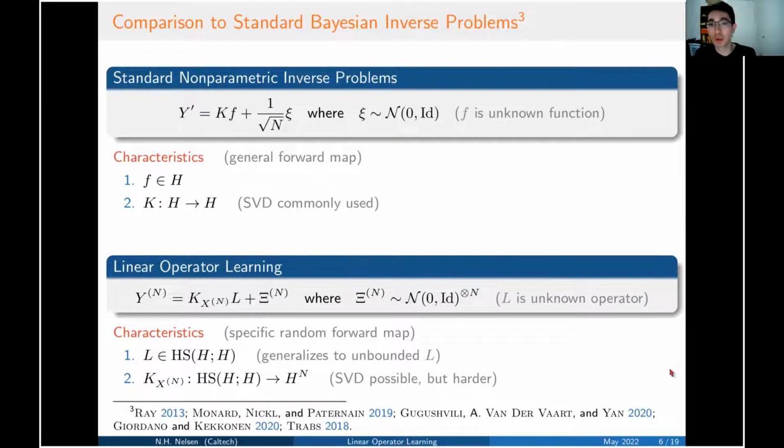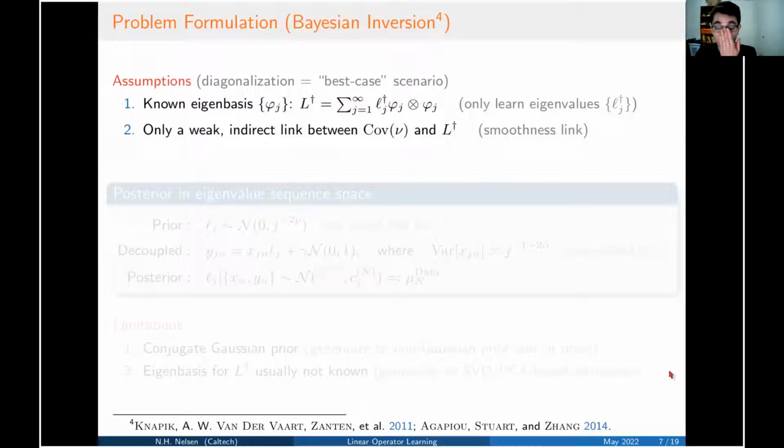Great. So let's see now, what do we actually do? Although we don't use the SVD of the forward map, we still take an arguably quite simple approach, which allows us to work in a sequence space. We're going to assume the best case scenario, where we actually know the eigenvectors of the unknown operator itself.